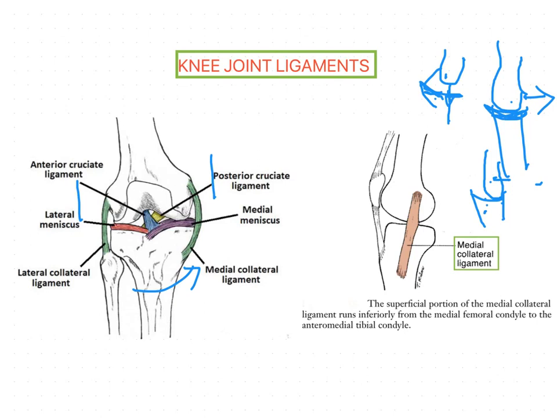If only the tibia is moved anteriorly, then it is called AP displacement. If there is any gliding of the femoral condyle towards the posterior aspect on a stable or static tibia, it is also called anterior displacement of the tibia.